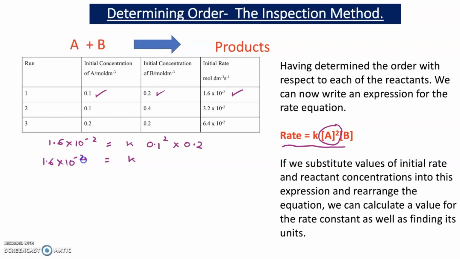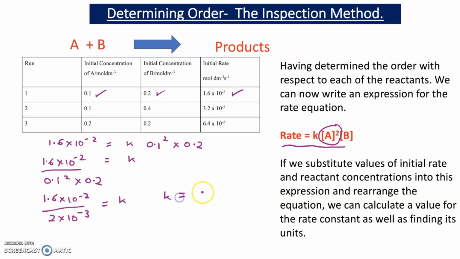If I rearrange this, I can get K. So K is equal to 1.6 times 10 to the minus 2 divided by 0.1 squared times 0.2. If I put these numbers into the calculator, I'll have 1.6 times 10 to the minus 2 divided by 2 times 10 to the minus 3. And that will give me a value of K equal to 8.